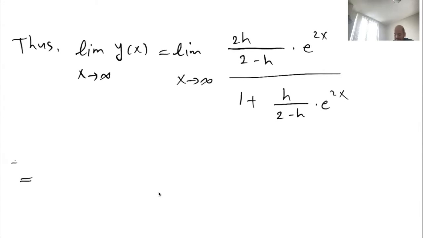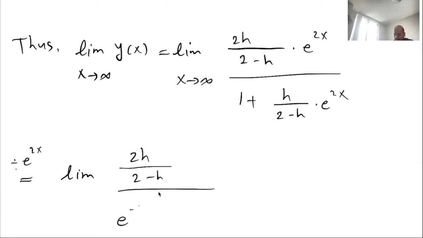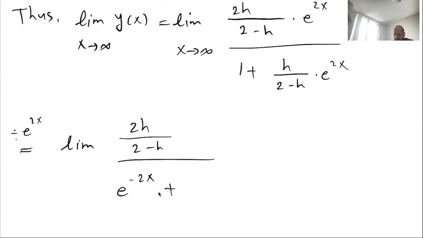Then if I divide top and bottom by e to the 2x, then I'll have the limit of 2h over 2 minus h divided by e to power minus 2x plus h over 2 minus h as x goes to infinity.